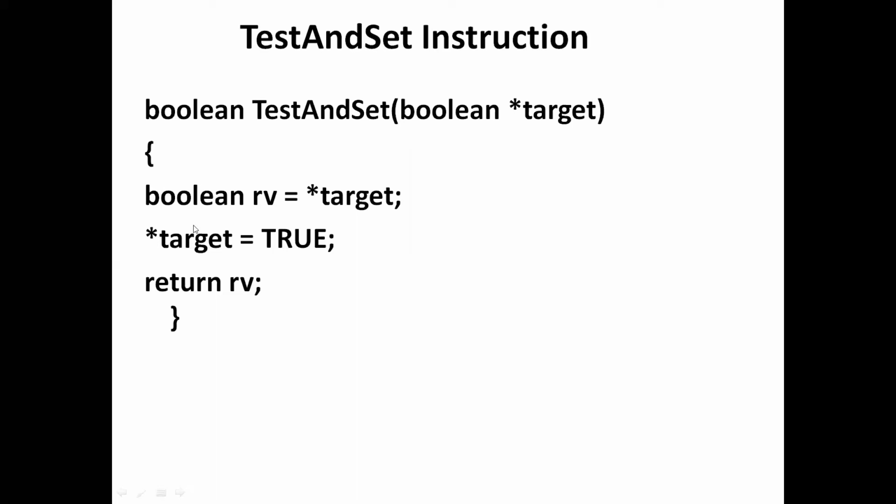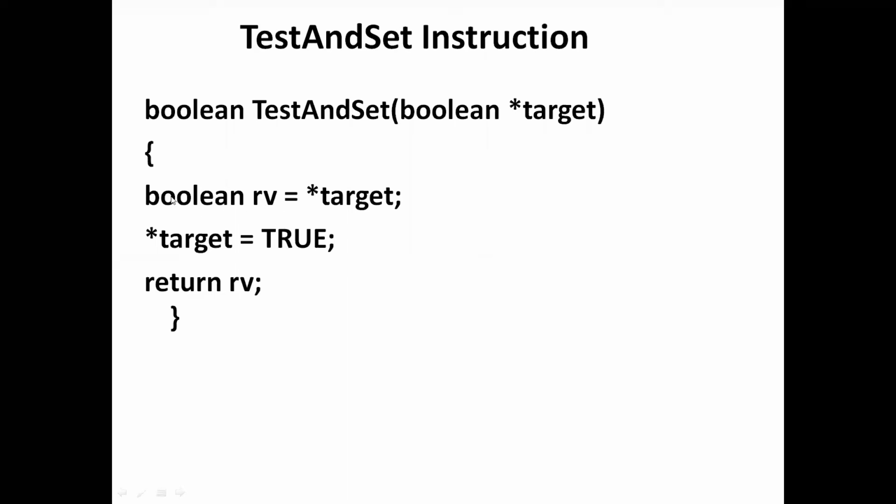The first statement in this test and set instruction is boolean rv equal to star target. Here is the pointer variable, which points to the value stored in that memory location. We are passing a pointer variable of boolean type to the test and set instruction, and we assign its value to rv, a local variable of boolean type.